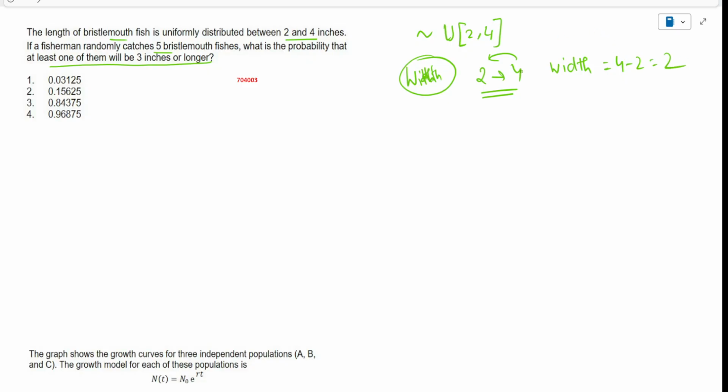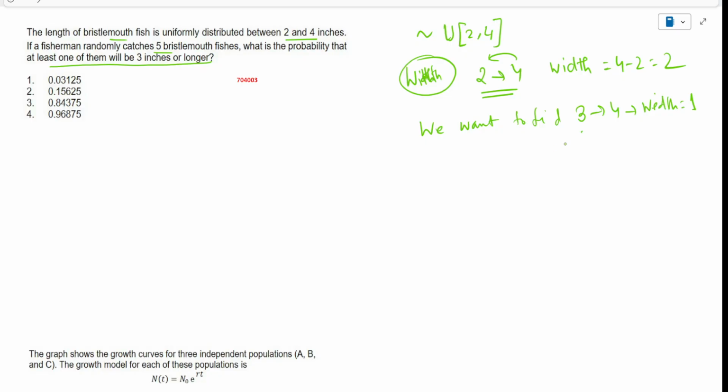Now we want to find from 3 inches to 4 inches, which are greater than 3 and up to 4. So here the width is 4 minus 3, equal to 1.